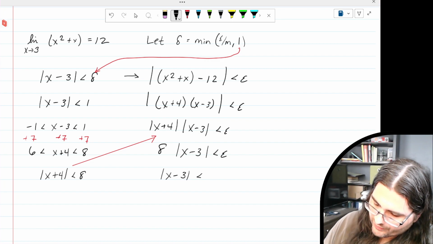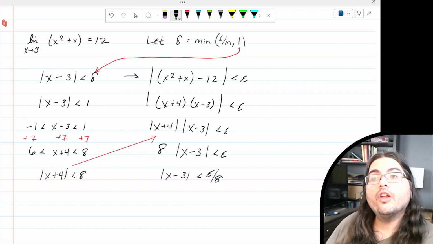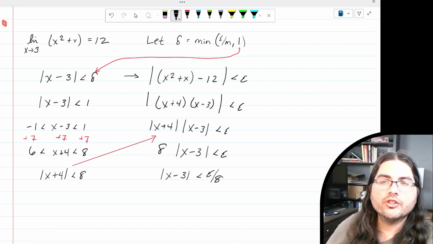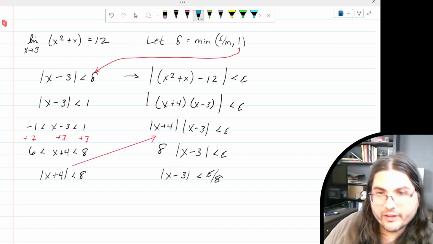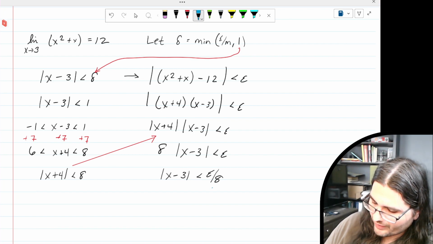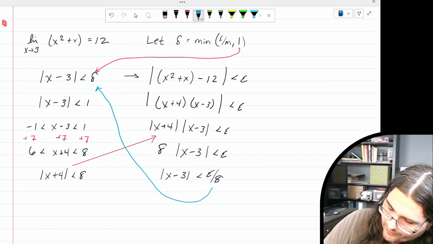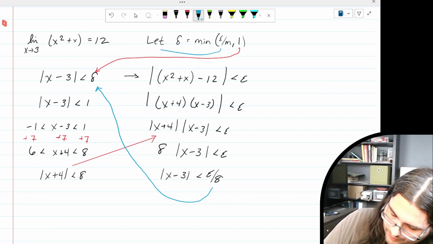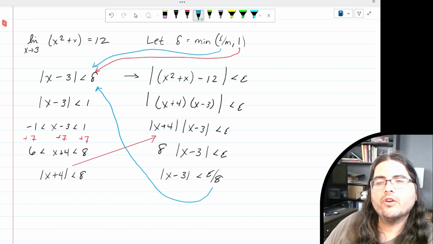If this is less than epsilon over 8, now I can use the other part of my initial assumption way back up at the top. I'll do this in blue. If I know that the absolute value of x minus 3 is less than epsilon over 8, that's the other part of this minimum that we assumed from the very beginning.